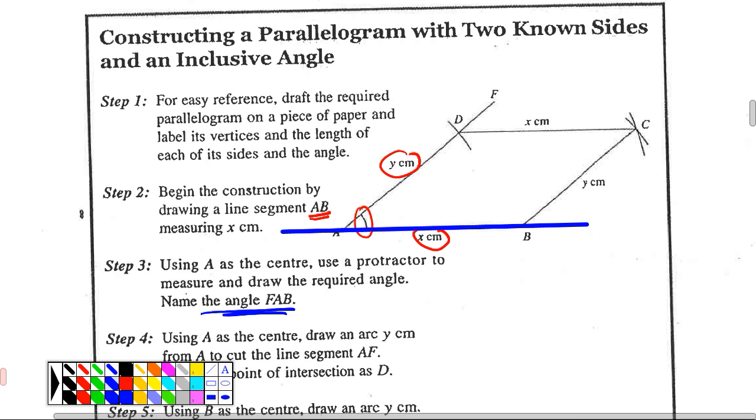Example, FAB is 20 degrees, so you measure 20 degrees. Do you know how to use a protractor? No. Can I revise with you how to use a protractor? Definitely.